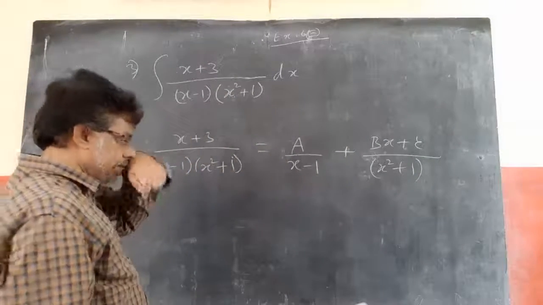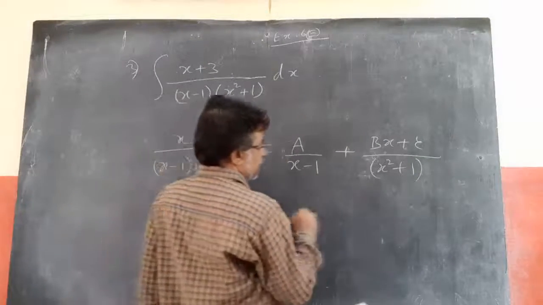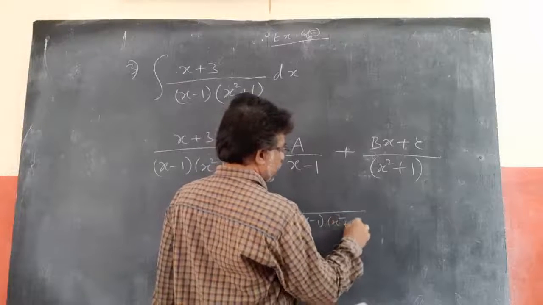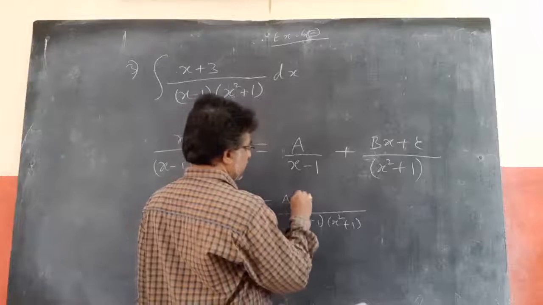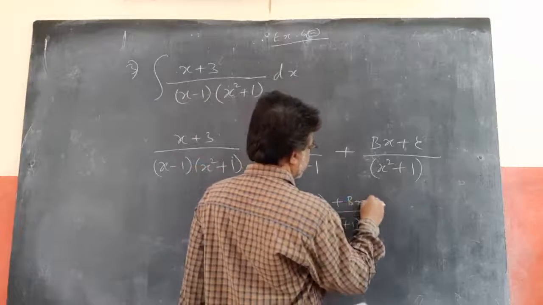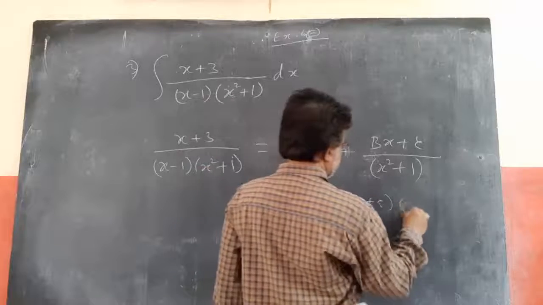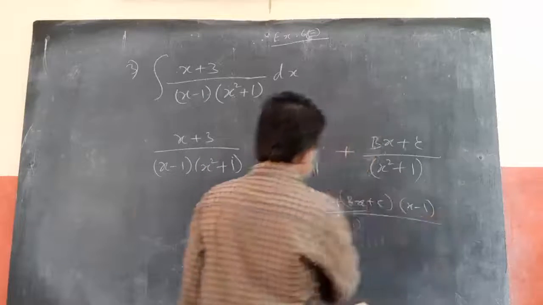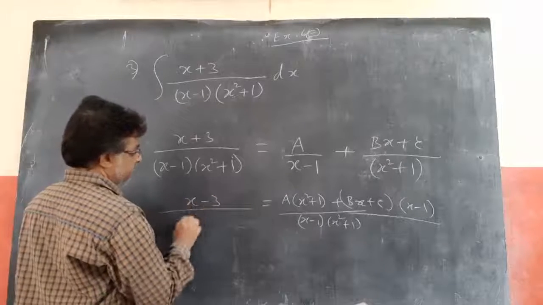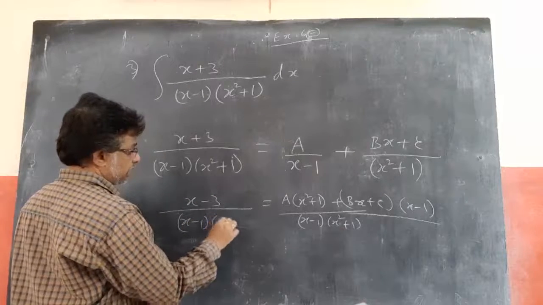How to find a, b, c? Say the LCM is (x minus 1) into (x square plus 1), and here is a into (x square plus 1) plus (bx plus c) into (x minus 1), and on this side x plus 3 by (x minus 1) into (x square plus 1).